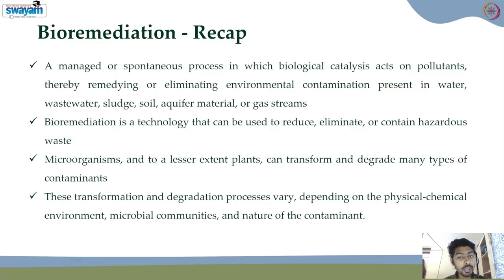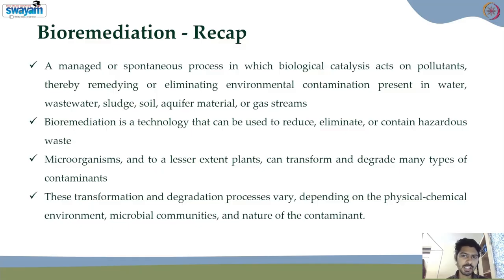Then we slowly moved on to the need of bioremediation in microbial ecology. Then we have seen the classes of pollutant, what are all the different classes that are prevalent in the environment. Among that, we have seen the most important concept of emerging contaminants and why it is called emerging contaminants, and the day-to-day examples in different industries. And we have also seen the importance of using microbes in bioremediation.